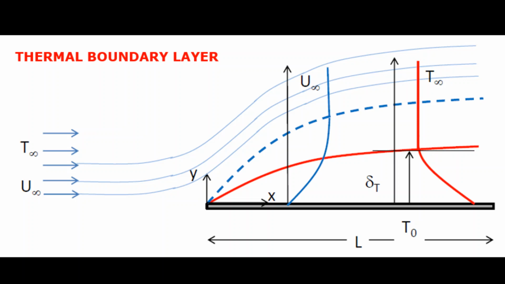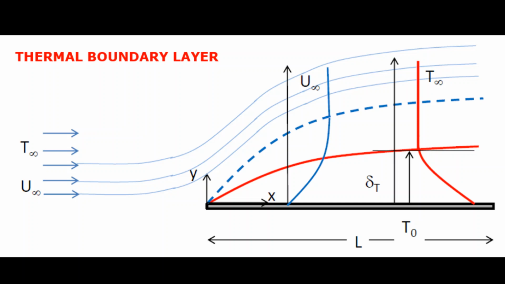So think about a fluid flow over an isothermal plate, like the one in the figure, which is at a constant temperature, T0. So T0 is the temperature of the flat plate, of the solid surface. And now, if you have a look at the left, at the leading edge, the temperature profile of the fluid is uniform, and the fluid temperature is T infinity. That's the fluid average temperature.